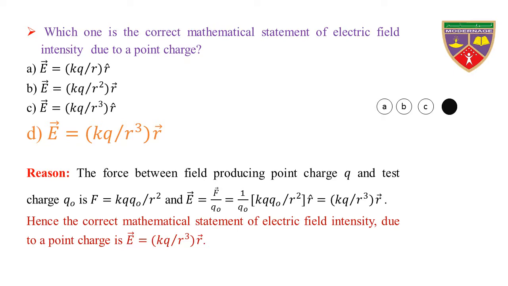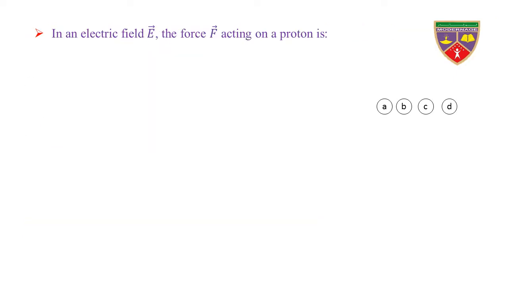Hence, the correct mathematical statement of electric field intensity due to a point charge is E vector = kq / r³ times r vector.